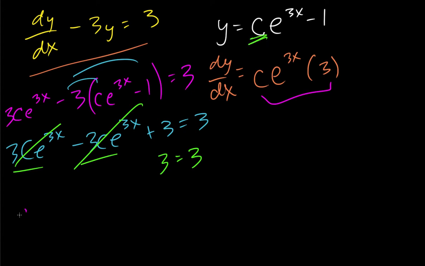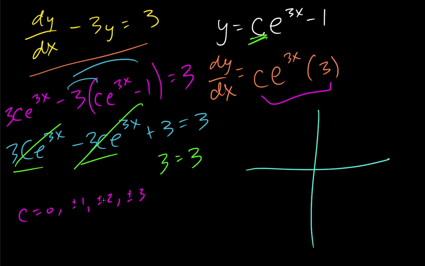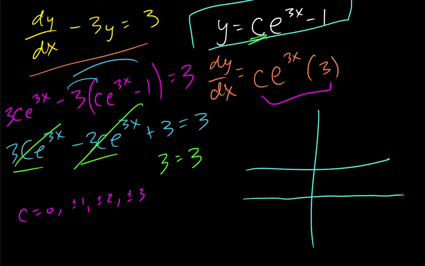Now they want us to plug in c equals 0, plus or minus 1, plus or minus 2, and plus or minus 3. I show that on a graph. If we plug in a 0 for c, this all goes away, and we just get a horizontal line at negative 1.